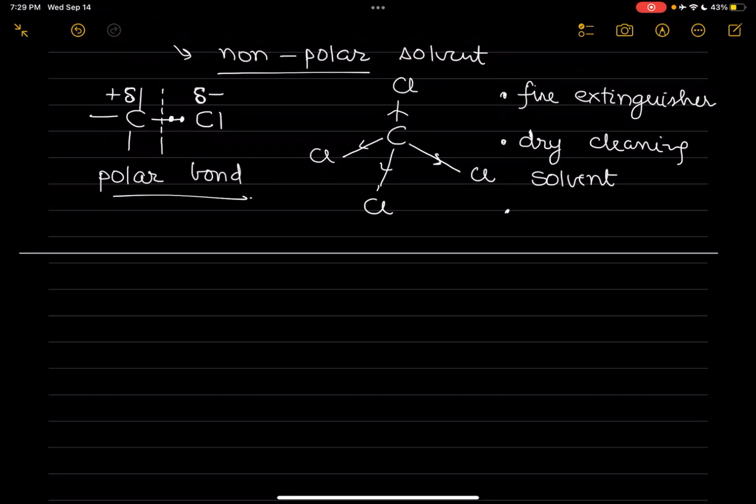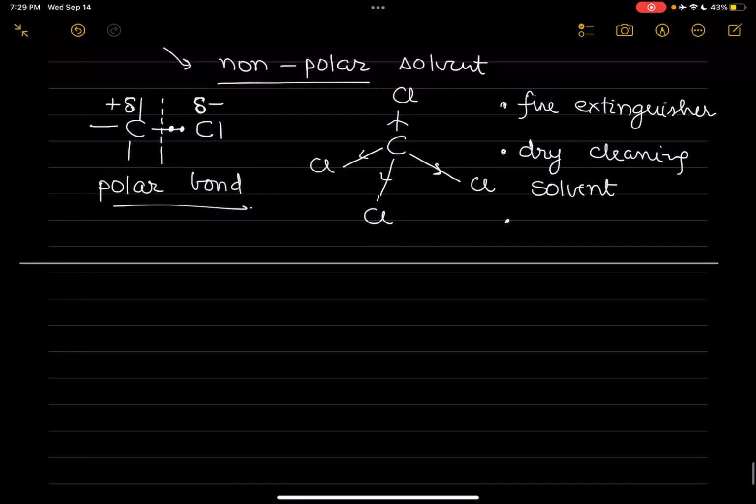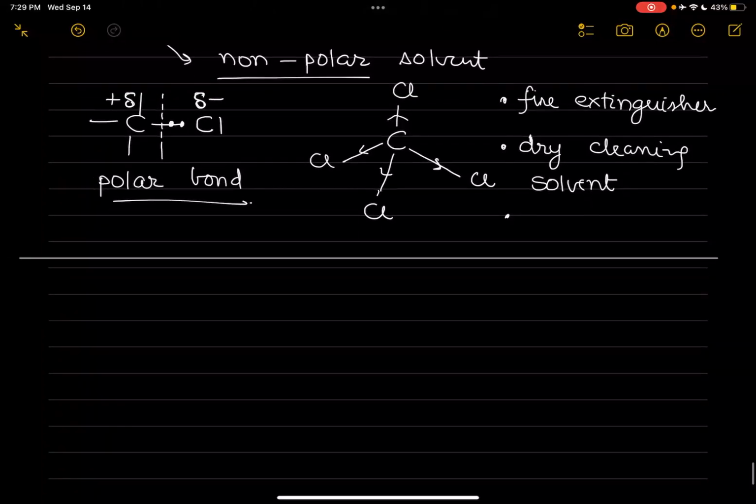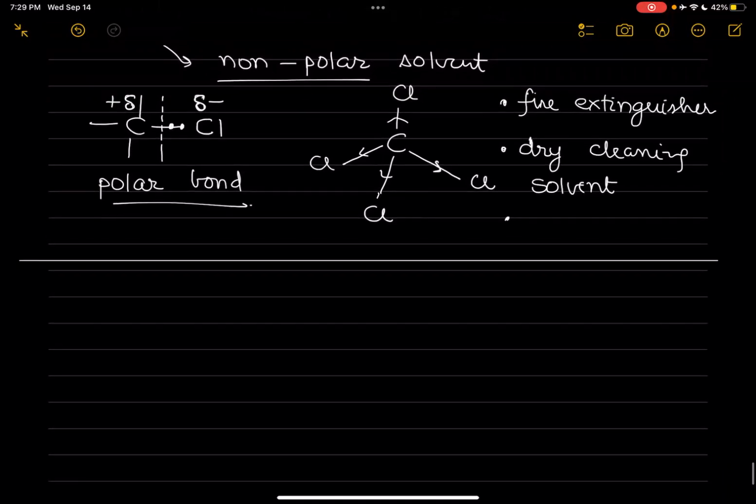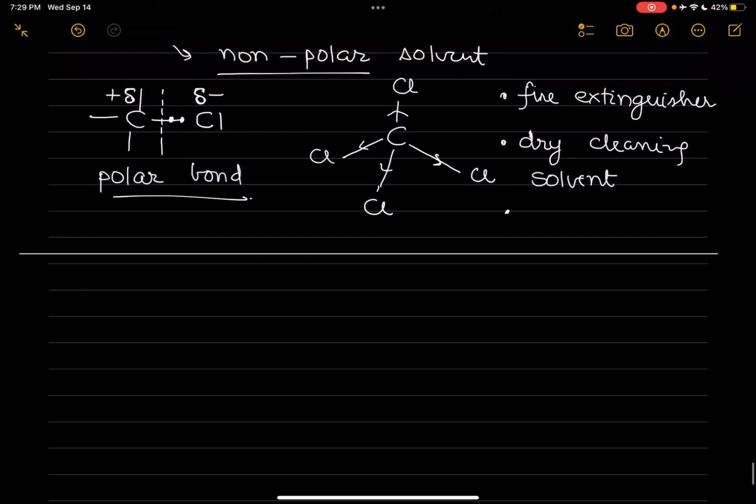Who is going to tell me? Any insecticide which is used to kill insects, but nowadays it is banned. It is DDT.